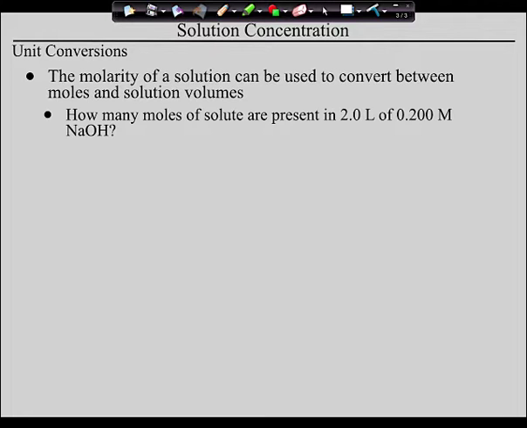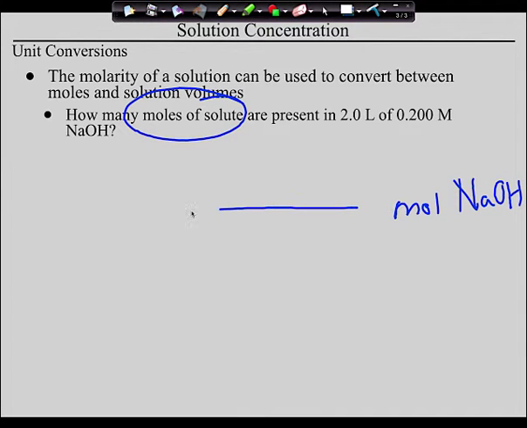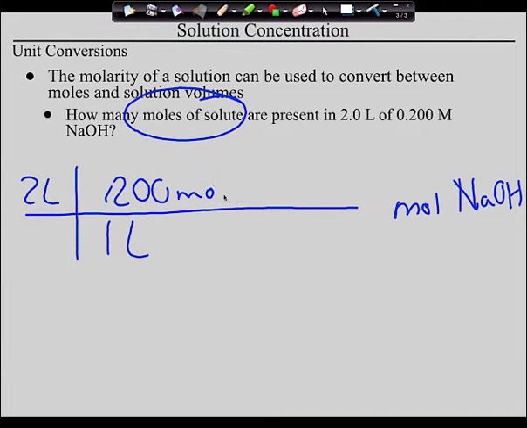Here's the way this would work out. It says, how many moles of solute? So what we want to know is how many moles of NaOH. So our goal, and by the way, guys, you know that the abbreviation for mole is mol. So we would simply go like this: 2 liters, 1 liter is 0.200 moles of NaOH, and we're done.